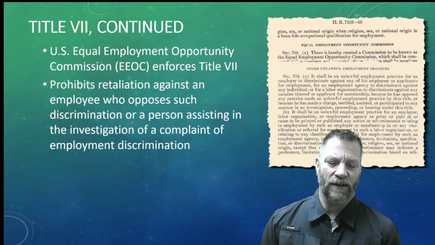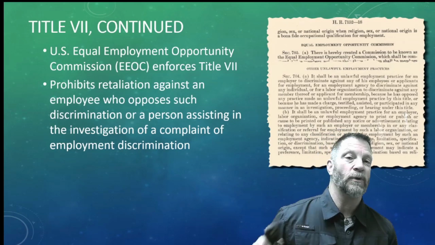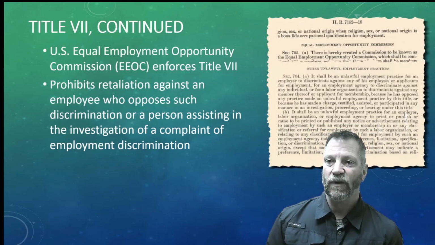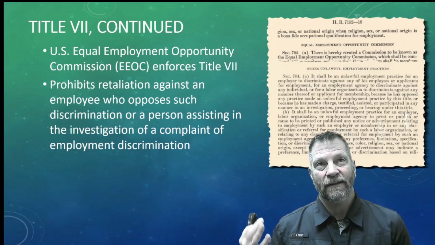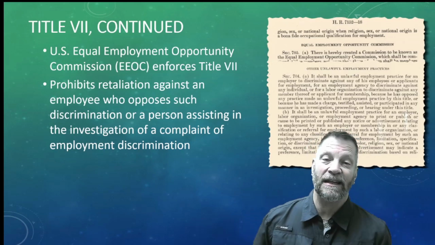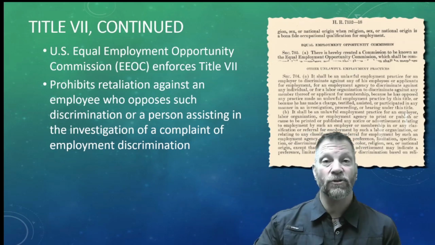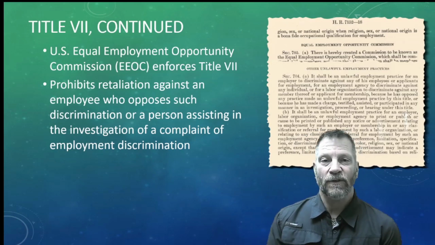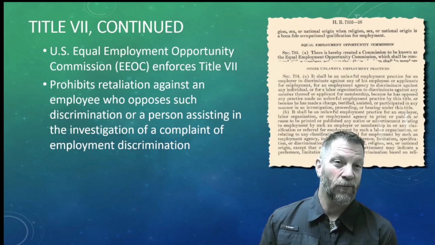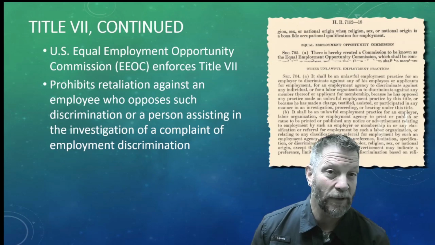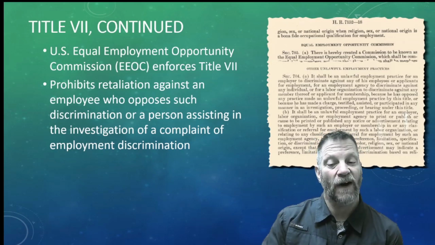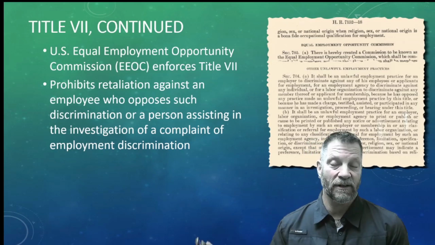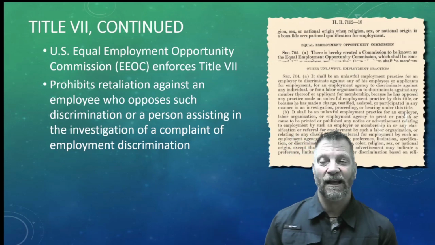So Title VII of the Civil Rights Act also prohibits retaliation. Retaliation is taking some sort of negative action against a person who opposes discrimination, something that may make them afraid to file another complaint or to file a complaint. Who's protected against retaliation?